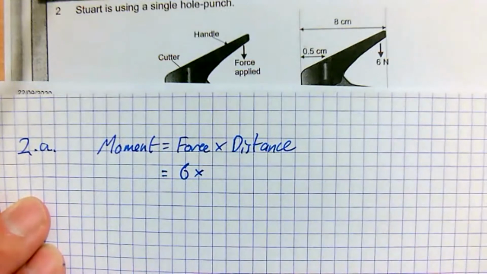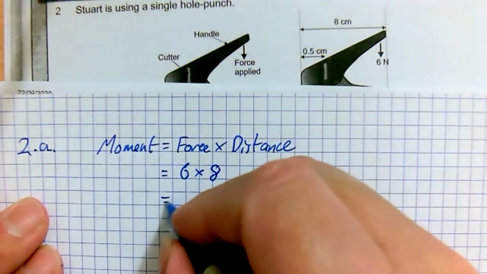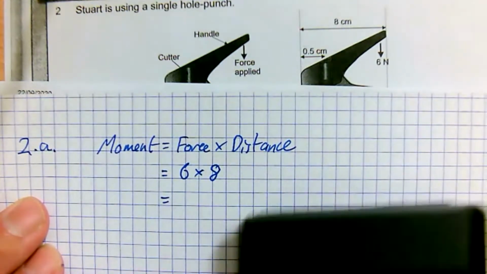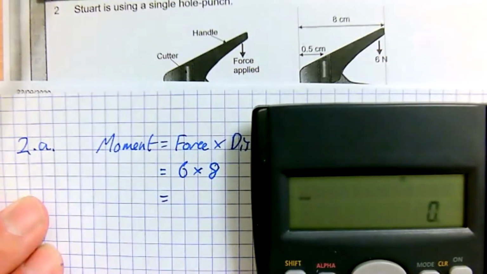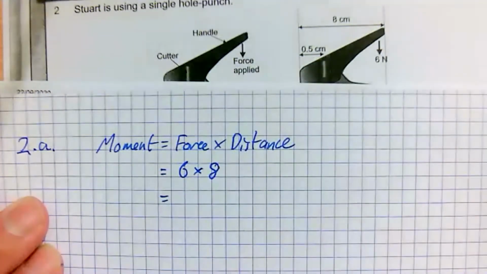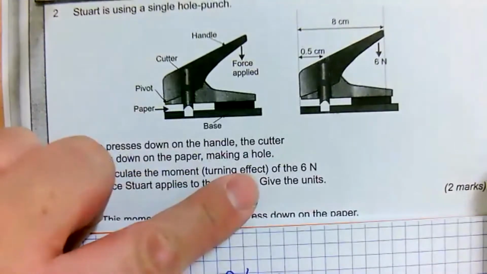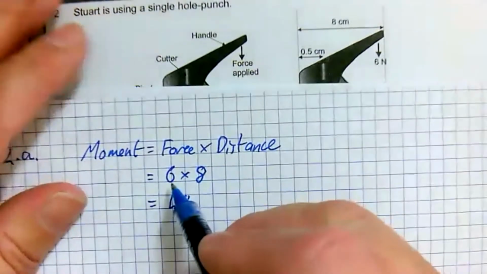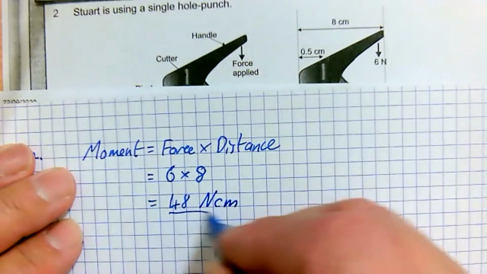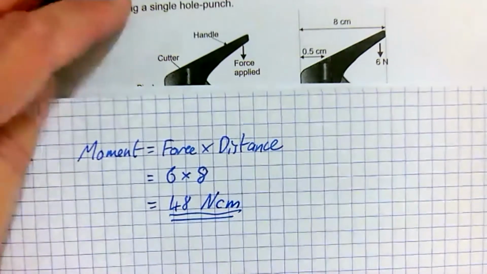Now I do my calculations: 6 times 8. Even with calculations you could do by mental arithmetic, I always recommend using a calculator. 48. Well done. Remember my units, because the question says give the units. I've got newtons and centimeters, so it's Newton centimeters. Then I double underline my answer, so it's really clear what my final answer is.